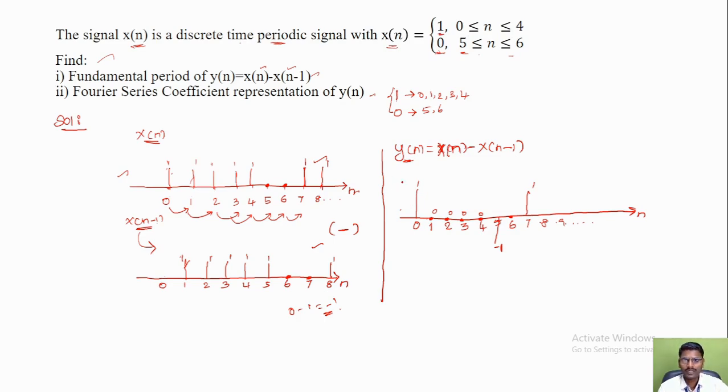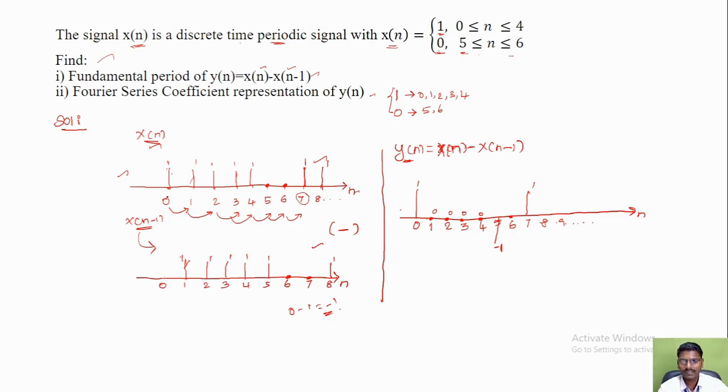Now we need to find the fundamental period of y of n. The fundamental period of y of n means we need to calculate the time period of the given signal x of n. Its samples start from 0, 1, 2, 3, 4, 5, 6 and it starts again at sample 7. So the fundamental period of the given signal x of n is T equal to 7.